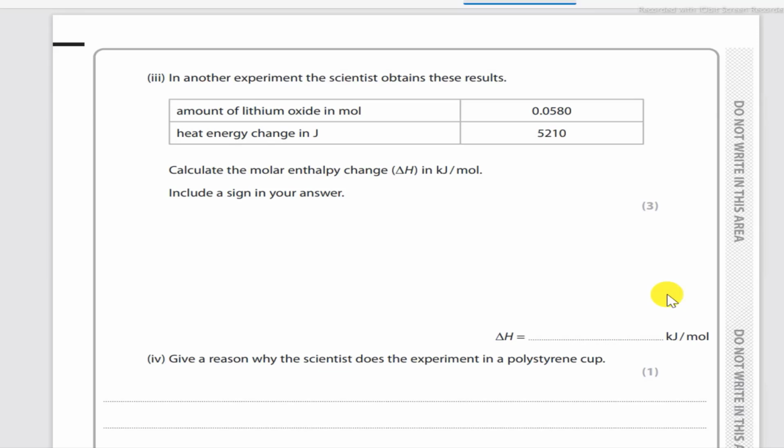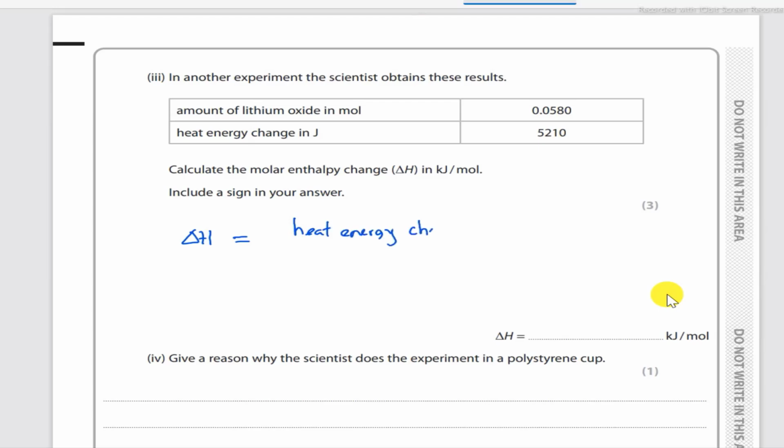So we know delta H equals heat energy change divided by amount of lithium oxide in mole.